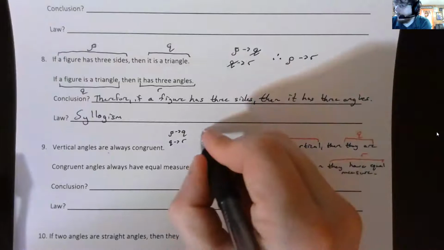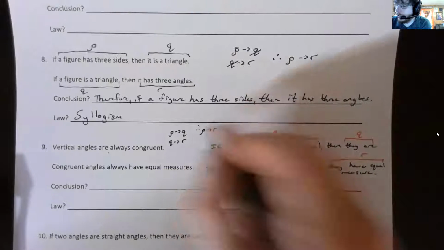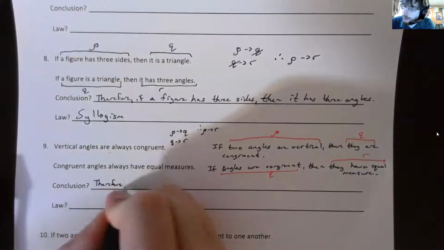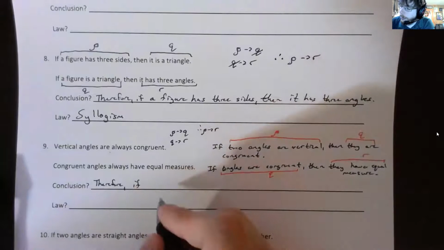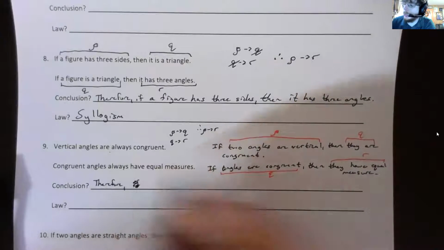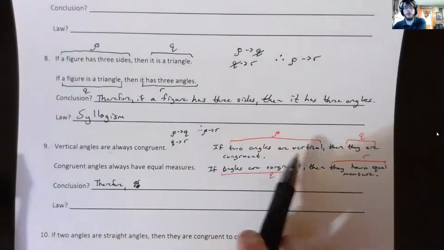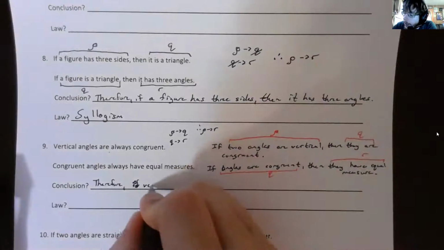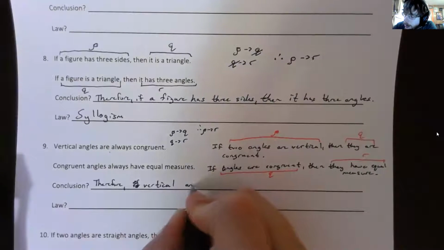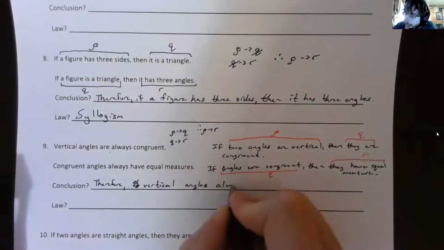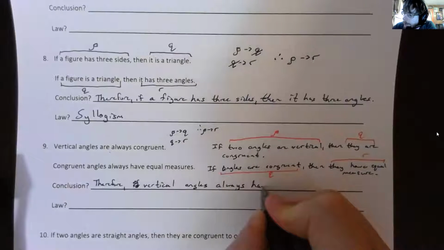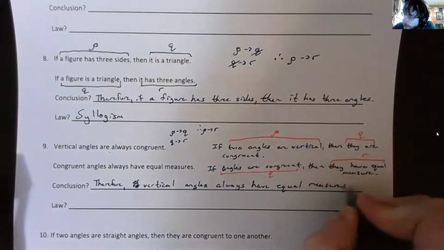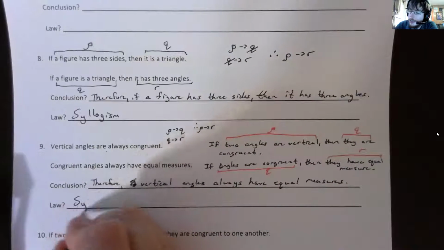So that means that we have P implies R as our conclusion. So therefore, if, well, you could write it as this. You could say if 2 angles are vertical, then they have equal measure. But you could also say, therefore, vertical angles always have equal measure. And that would be the law of syllogism.